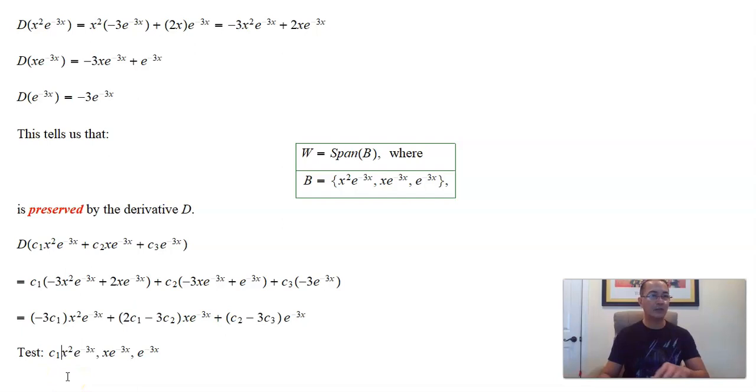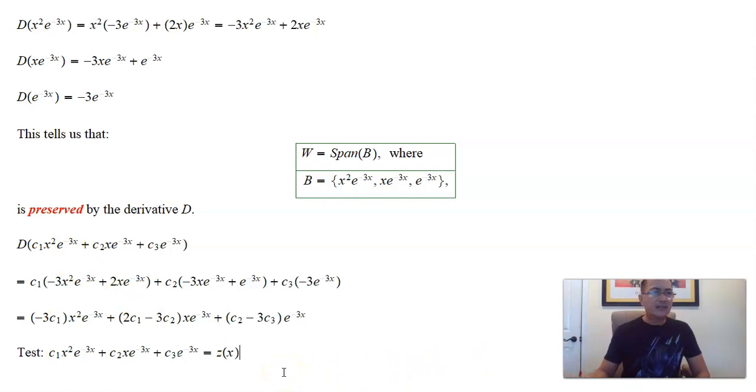C1 times x squared e to the minus 3x plus C2 times x e to the minus 3x plus C3 e to the minus 3x. That linear combination must be 0 for all real numbers. Let's make the domain all real numbers. Let's go all out. No matter which x you input, you have to get the number 0.